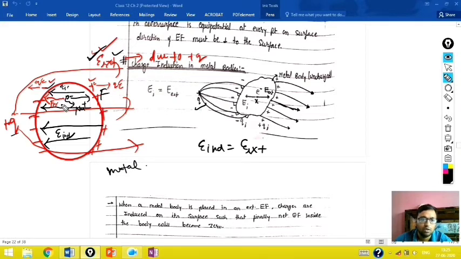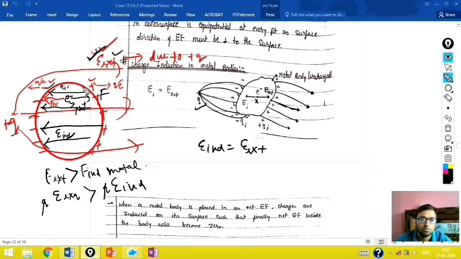Suppose F external is more than F induced, or you can say E external is more than E induced, then the q will be cancelled out.